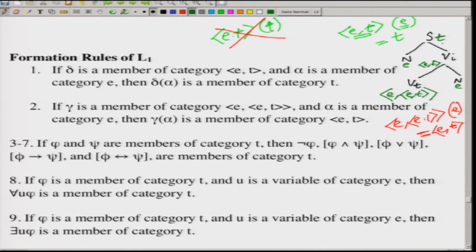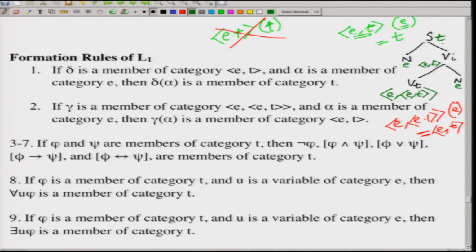And then if phi and xi are members of category T, then all these things, that is neg phi, phi and xi, phi or xi, phi implies xi, and phi if and only if xi are members of category T. Definitely they would, because they are all statements or formulas.